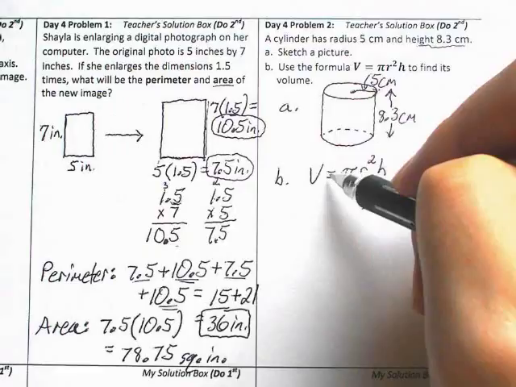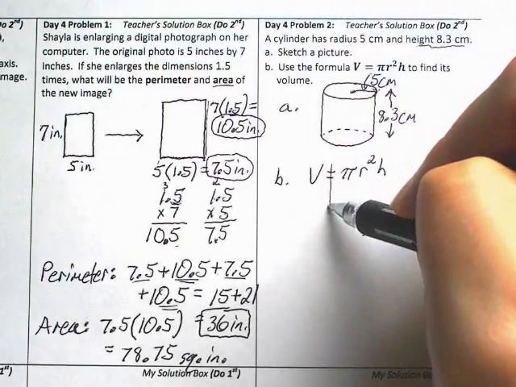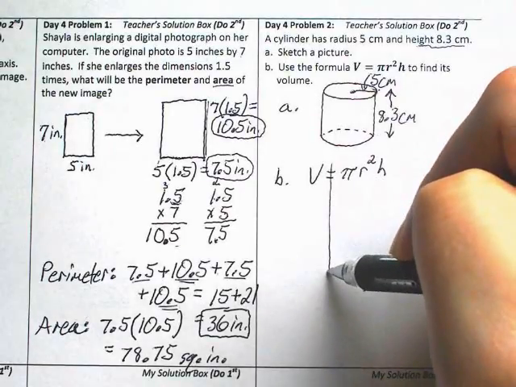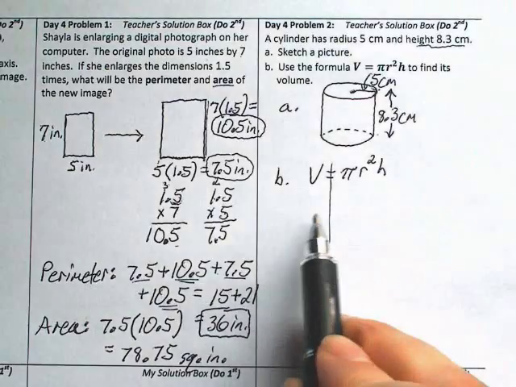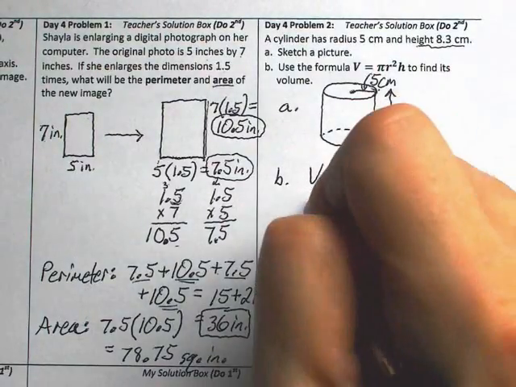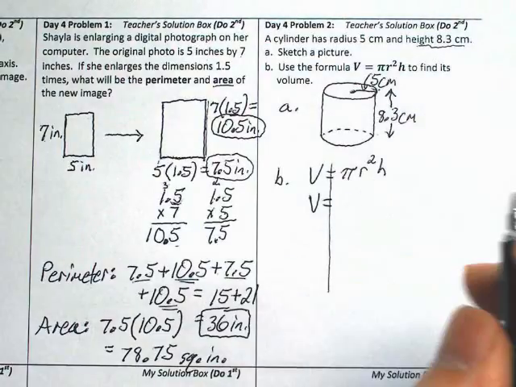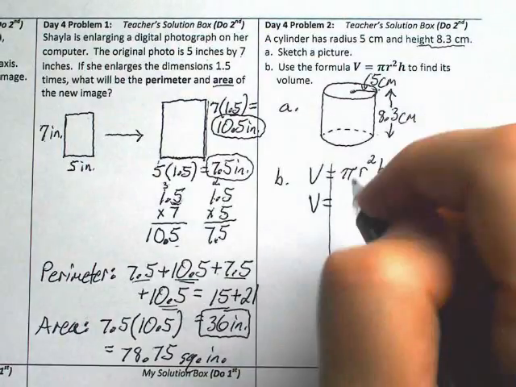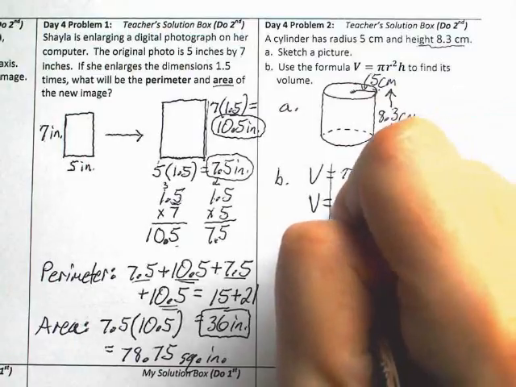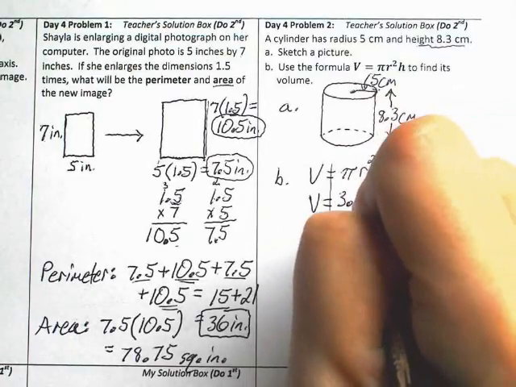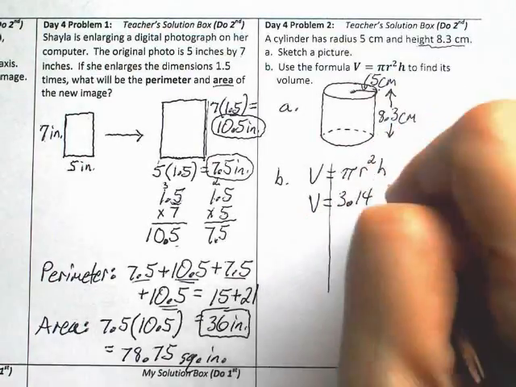So I'm going to draw a line downwards from the equal sign. Again, that helps me keep the left side of the equation separate from the right side. And fill in numbers that I know for these different symbols. So for the symbol pi, 3.14 is a number that can be used for pi.